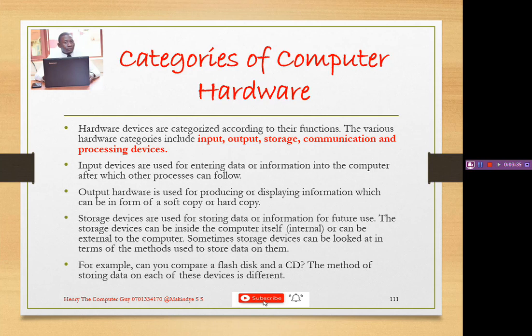For example, a flash disk is a solid-state storage device, whereas a CD is an optical storage device. That means that information is recorded onto a CD using a laser beam of light, which is not the case with a flash disk. So a flash disk is categorized under a solid-state storage device, whereas a CD is categorized under optical storage.